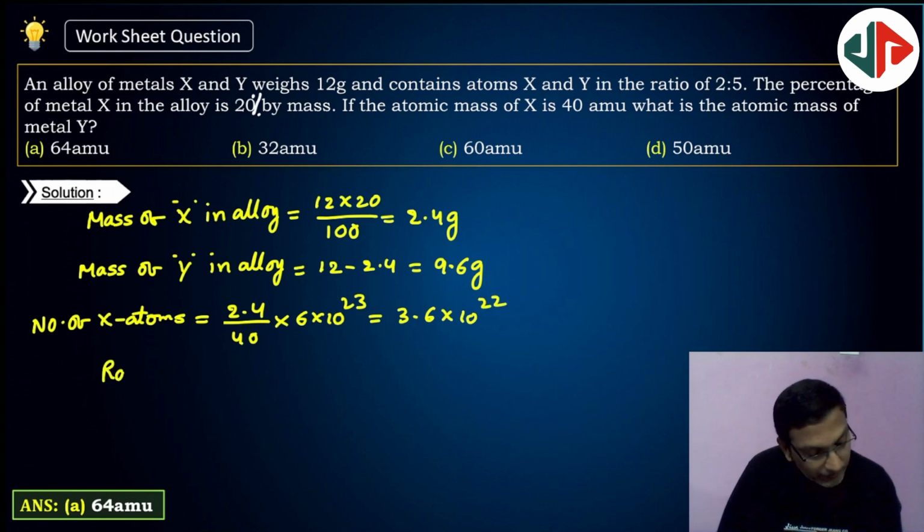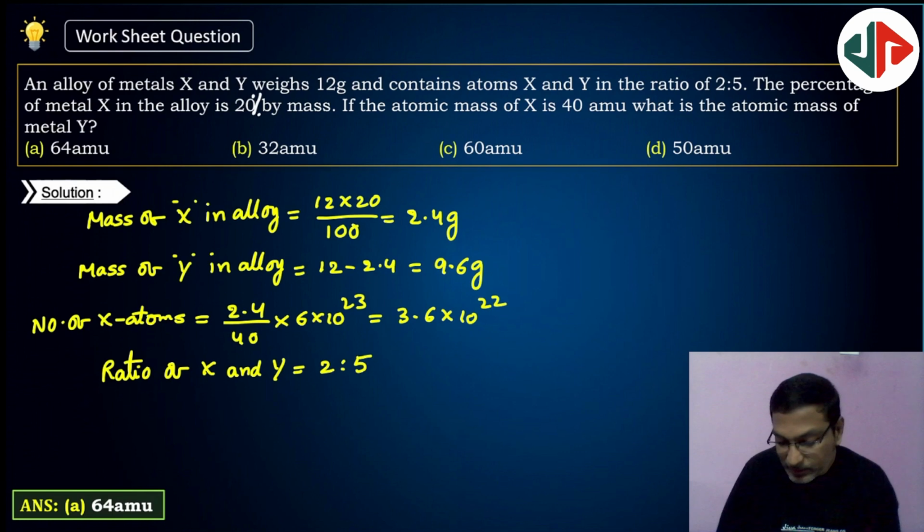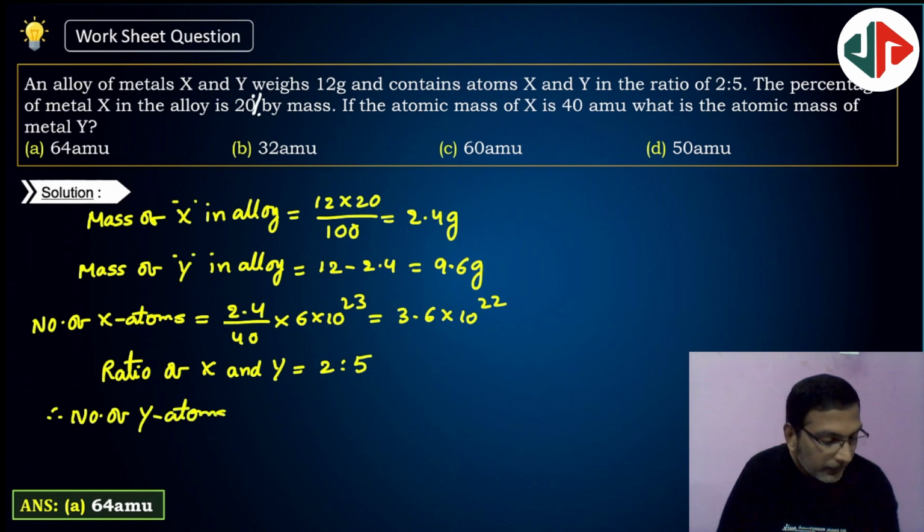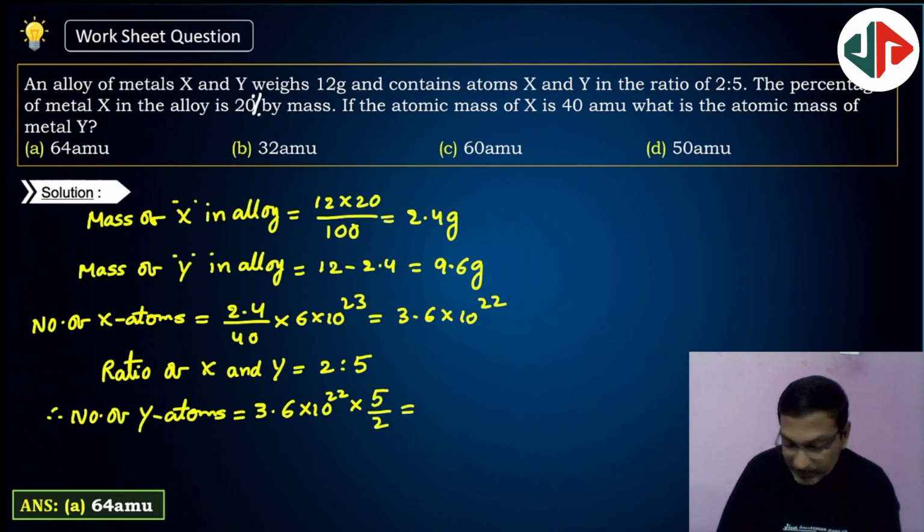Next, ratio of X and Y. 2:5 is given. Therefore, number of Y atoms equal to 3.6 into 10 power 22 into 5 by 2. Get this value as 9 into 10 power 22.